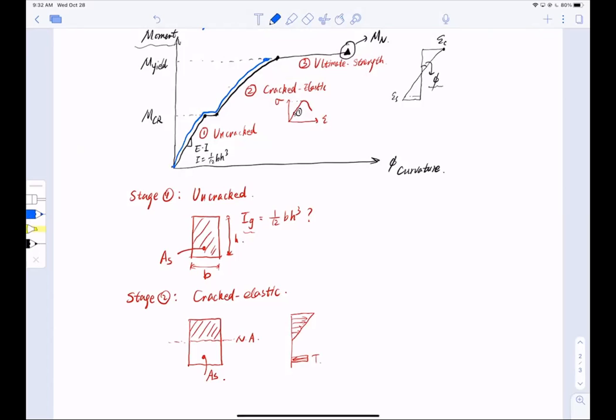So this is deflection, surface deflection. We only care about these two stages. We call these two stages the daily operation stage.